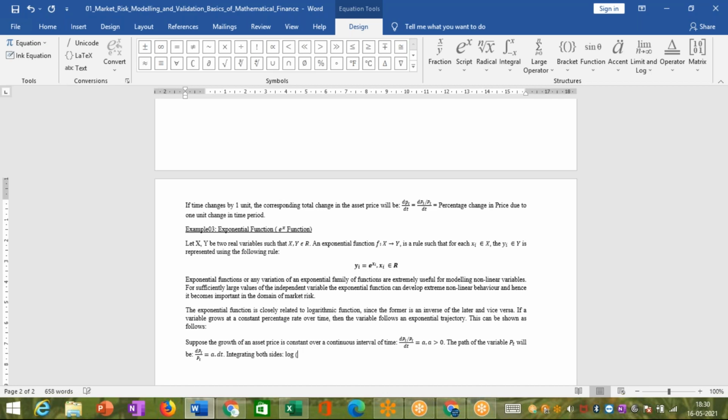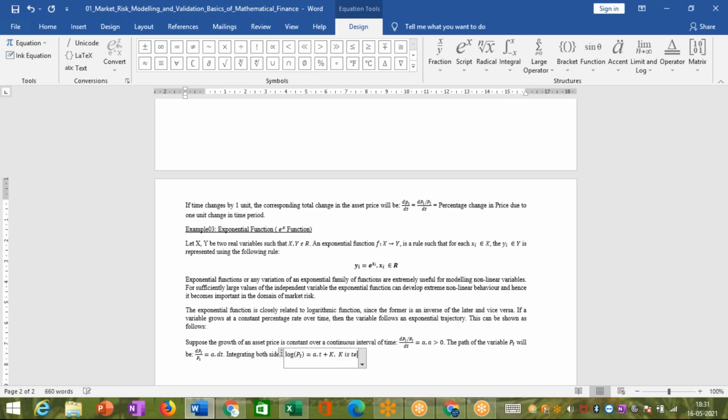So this is log PT is equal to at plus some k, where k is a constant.